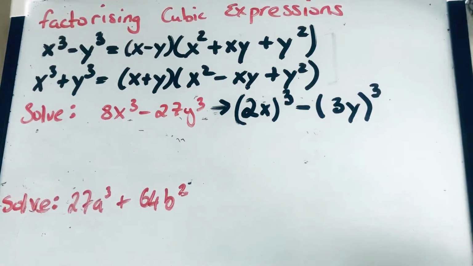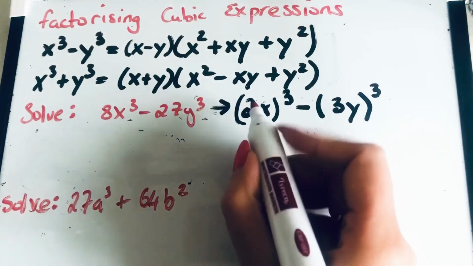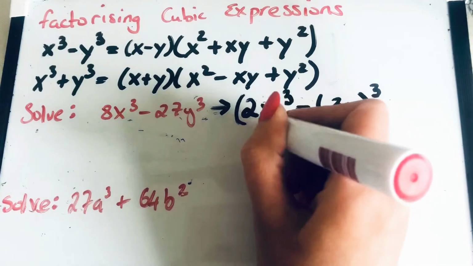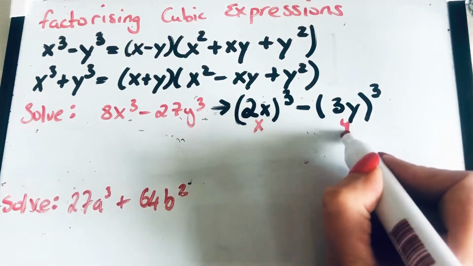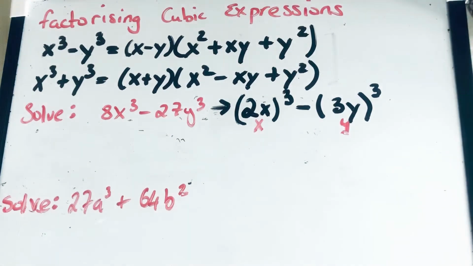So anywhere now we see an x in the above equation, we replace that with 2x. And anywhere we see a y in the above equation, we replace that with 3y. So we fit into our question.